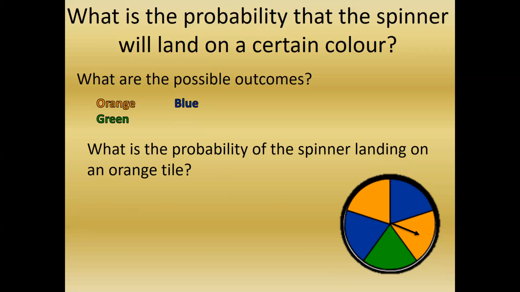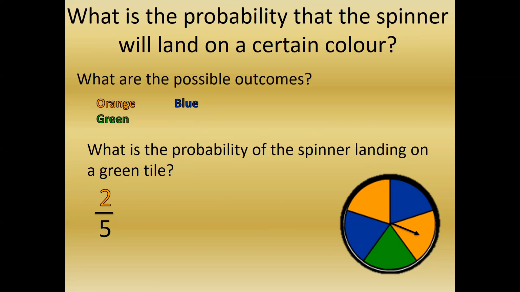How did we do this last time? We had to look at how many parts there are in total first. So how many tiles are there? Doesn't matter which color. How many are there? There are 5. How many of those tiles are orange? 2. So 2 over 5 is the probability of the spinner landing on an orange tile.